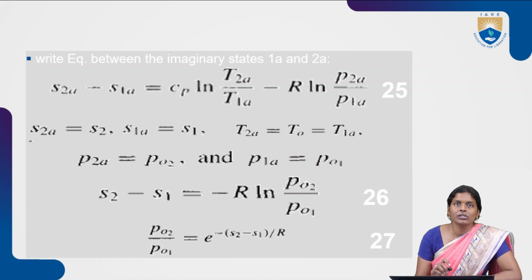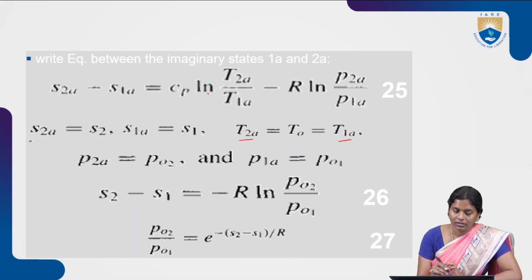Now write an equation between the two imaginary states 1A and 2A. So S2A minus S1A equals Cp ln of T2A by T1A minus R ln of P2A by P1A. Here S2A equals S2 and S1A equals S1, T2A equals T02 and T1A equals T01, which are equal, P2A equals P02 and P1A equals P01. So the ln term of temperatures becomes ln 1, which is zero.